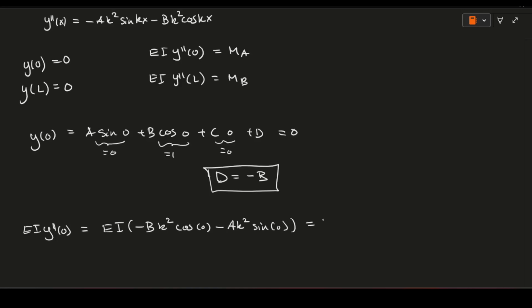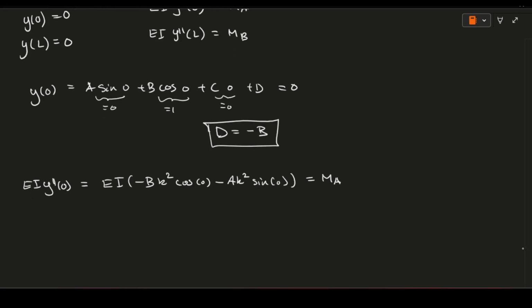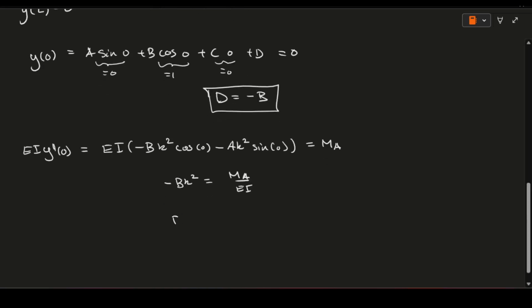This should be equal to MA. From this we get minus bk squared is equal to MA over EI. So solving for b, we get that b is equal to minus MA over k squared EI.